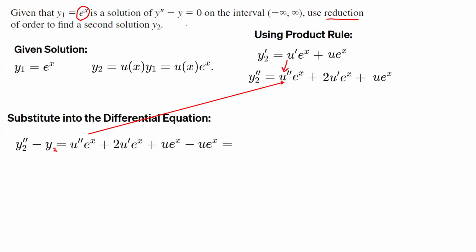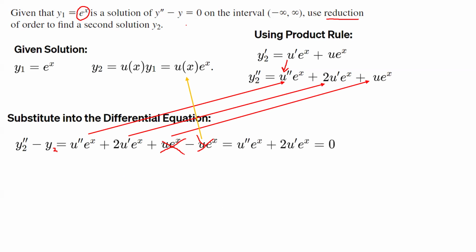So you have u double prime e to the x plus 2u prime e to the x plus u e to the x minus y sub 2, which is u(x) e to the x. But you have opposite terms. Get rid of them and simplify as much as you can. This simplifies to u double prime e to the x plus 2u prime e to the x, and you can set it equal to 0.